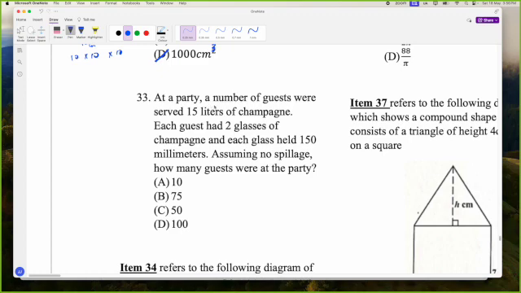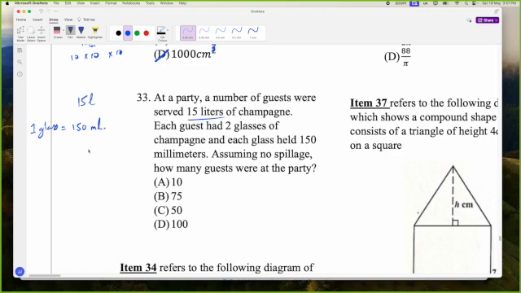At a party, a number of guests were served 15 liters of champagne. All right, so I have 15 liters total. Each guest had 2 glasses of champagne, and each glass held 150 milliliters.